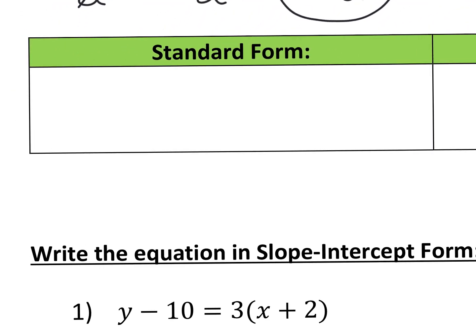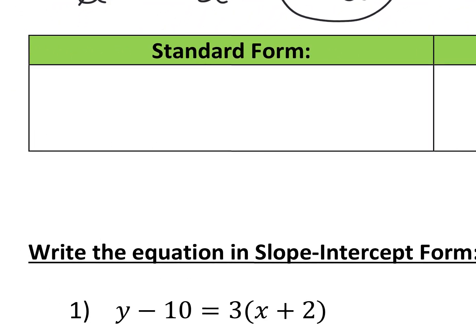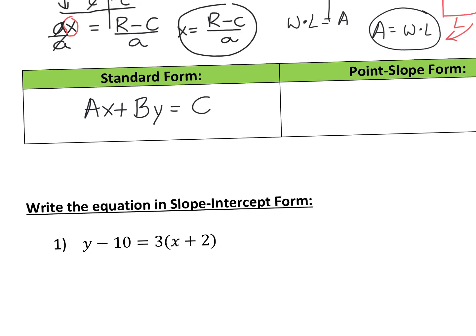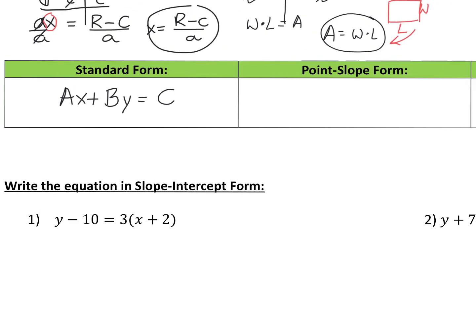Now, if you remember from last semester, we learned the 3 equations of lines. Standard form is the last one we covered, and that was just A times X plus B times Y is equal to C. All right, that's one equation. Then we learned before that point slope form, and that was Y minus Y1 is equal to M times X minus X1.